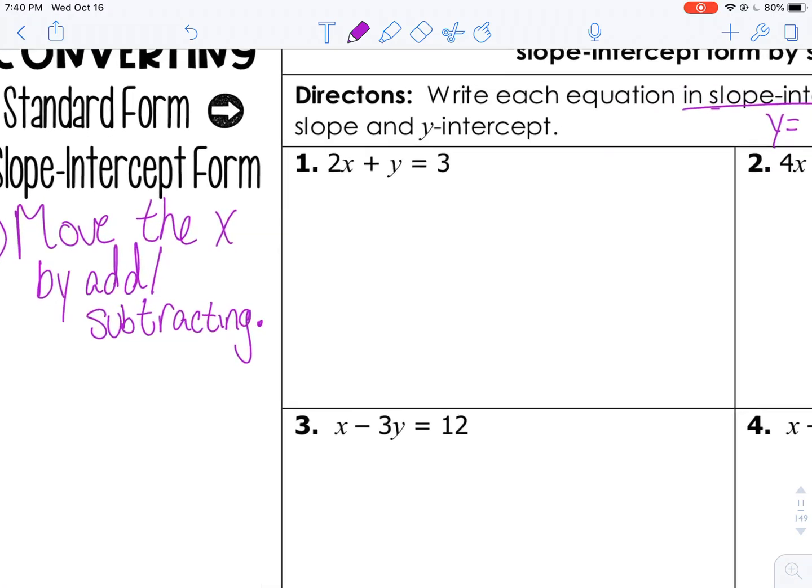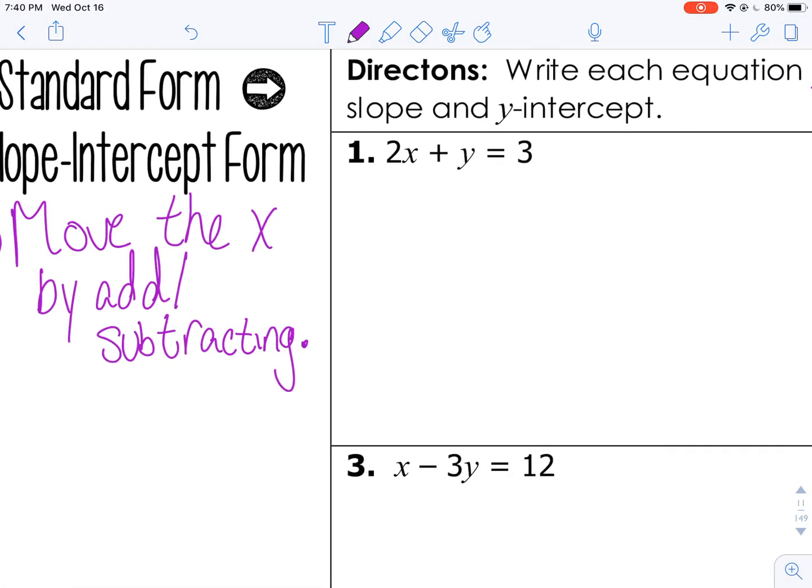So if I look at number 1, I have this 2x. I need to move that 2x. I'm going to move it by doing the opposite. So the opposite of 2x is a negative 2x.